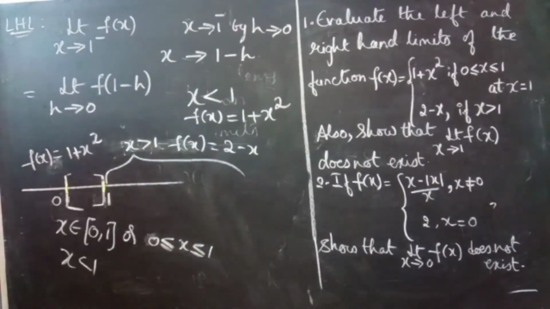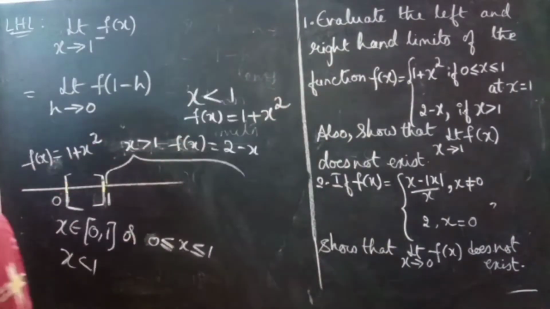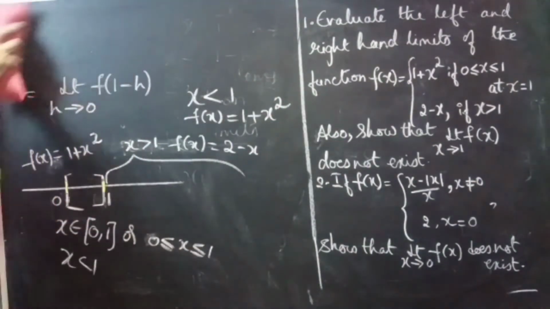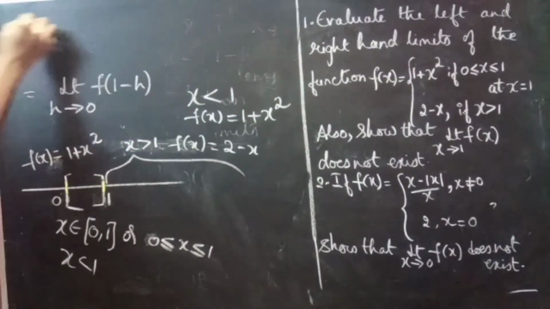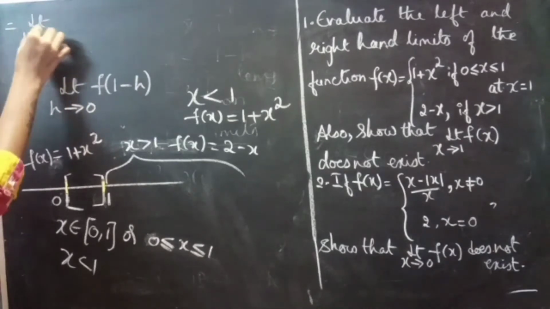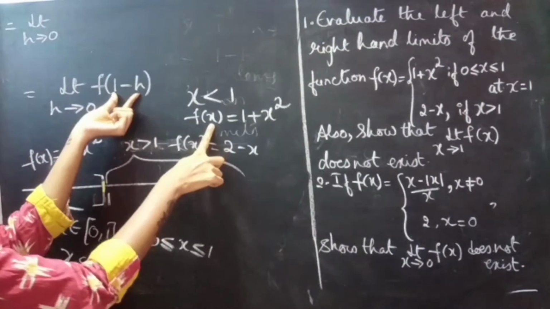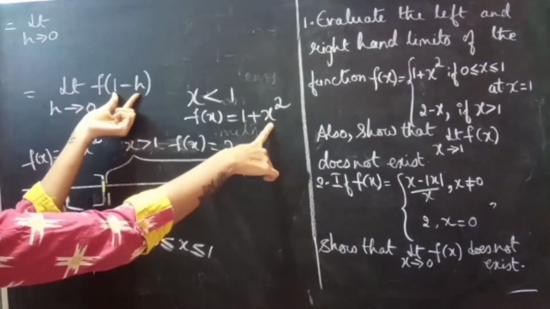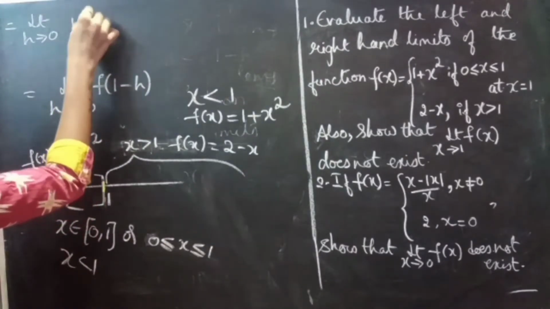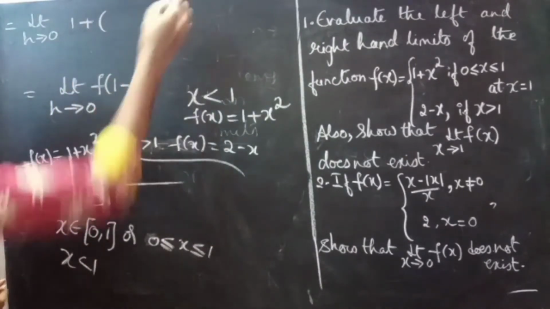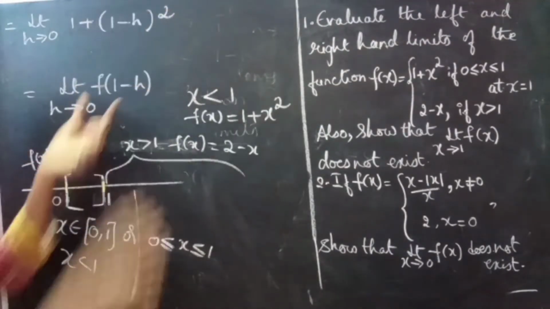So this equals limit h tends to 0. Now replace x by 1 minus h here. Then you'll get 1 plus, you have to replace x with 1 minus h.